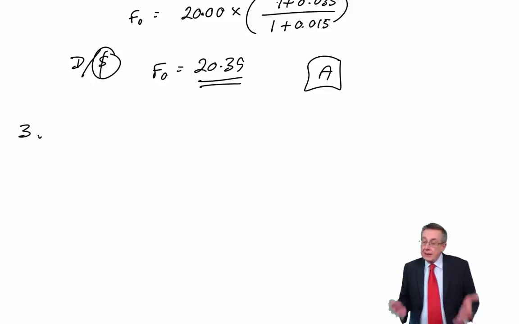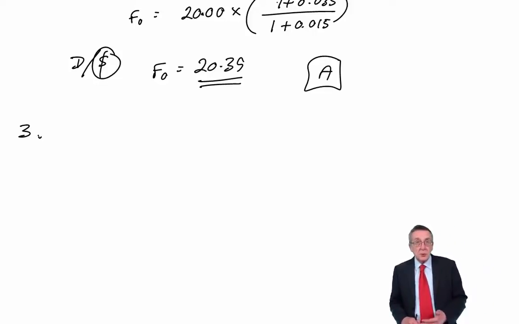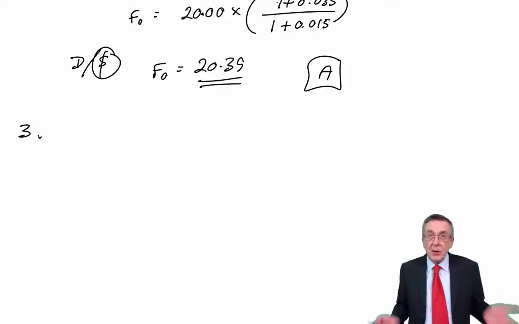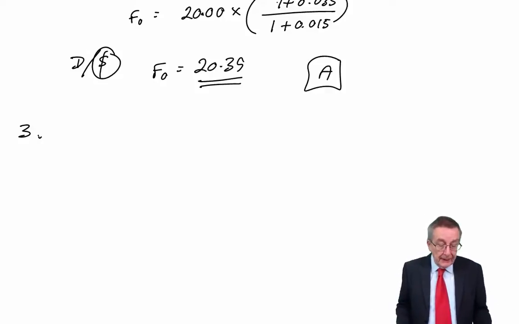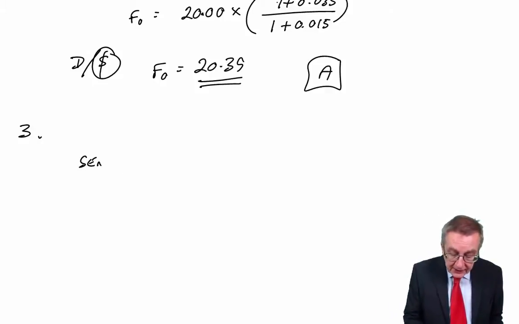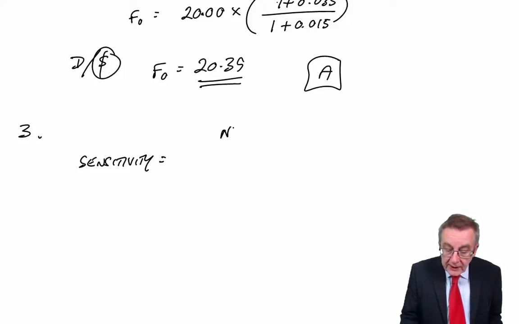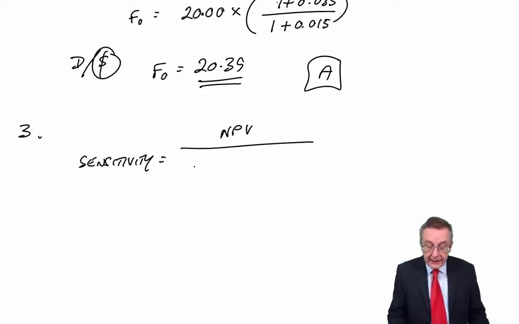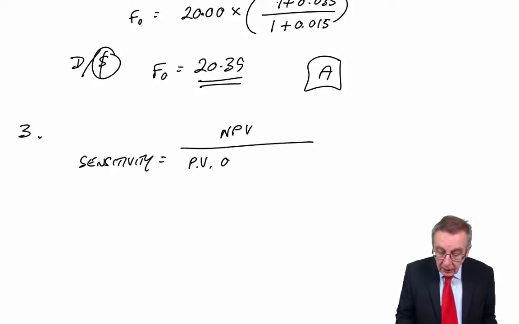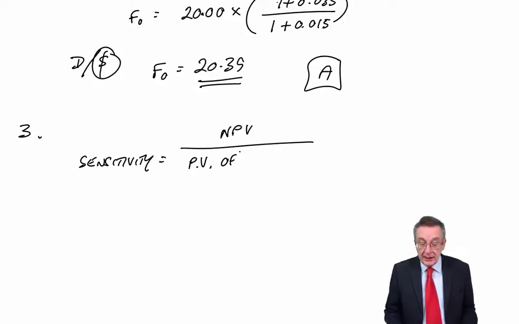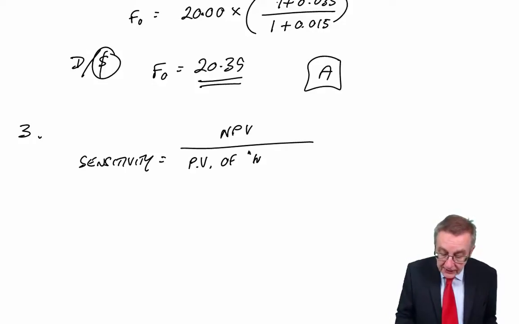And, well, I think by now you should have learned it as a rule. I'm not going to keep saying, but it's all in the free lectures. To get the sensitivity, we take the NPV of the project, we divide by the present value of, I'm not going to use posh English, it's whatever changes.